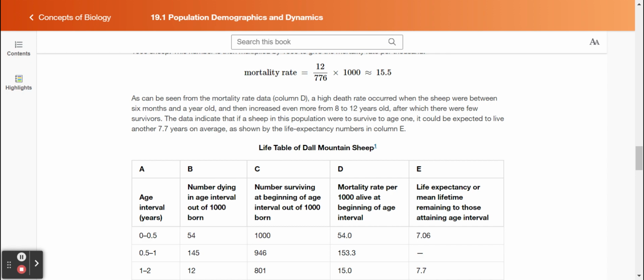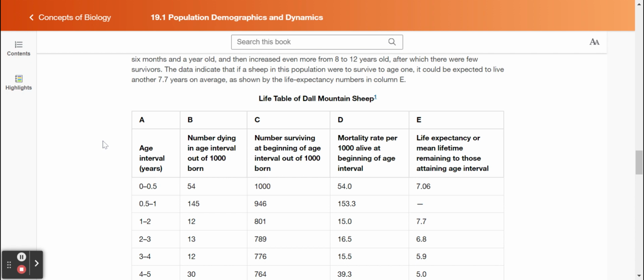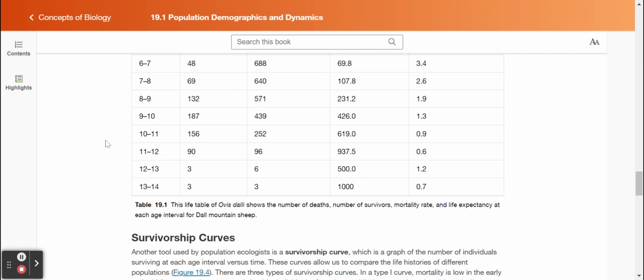The data indicate that if a sheep in this population were to survive to age 1, it could be expected to live another 7.7 years on average, as shown by the life expectancy numbers in column E. Table 19.1. This life table of Ovis dalli shows the number of deaths, the number of survivors, the mortality rate, and life expectancy at each age interval for Dall mountain sheep.